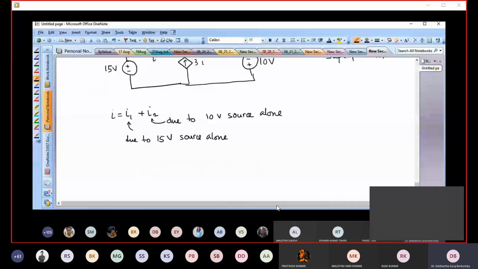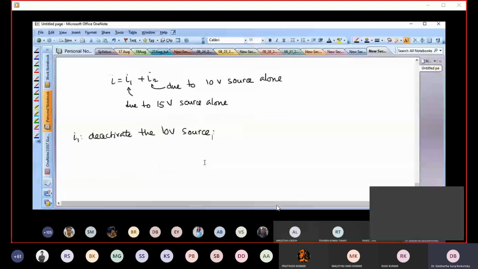To find I1, basically deactivate the 10-volt source. If you deactivate the 10-volt source, you get the circuit like this. You still have the 15-volt source over here. You still have 6 ohms. Still there is a 3I, and I is this.